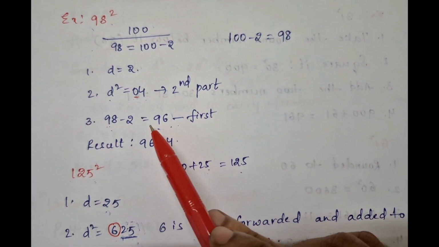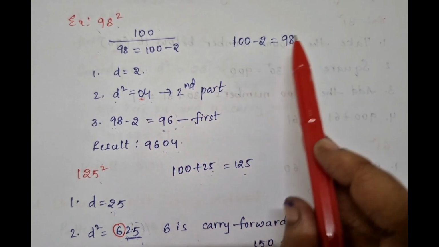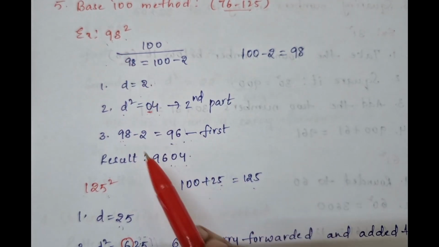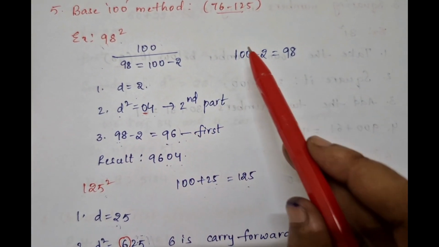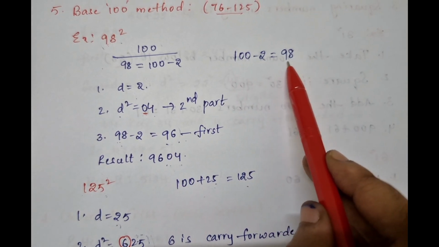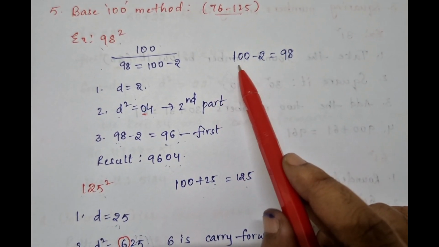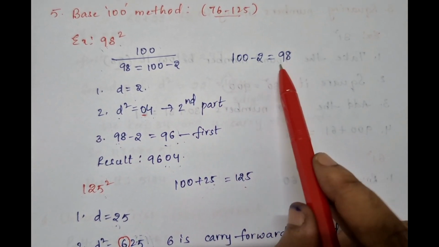Then we will subtract the difference from the given number. The given number is 98 and the difference is 2. Why am I subtracting here? Because this 98 is 2 less than 100, no? That means if we subtract 2 from 100, you will get 98.